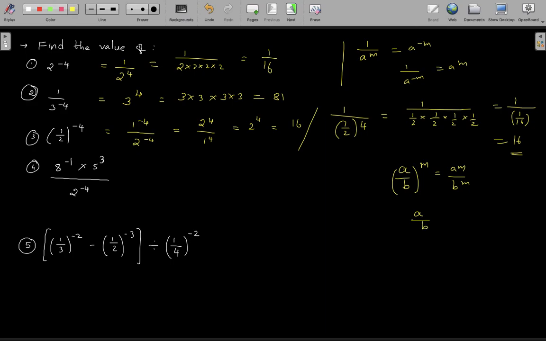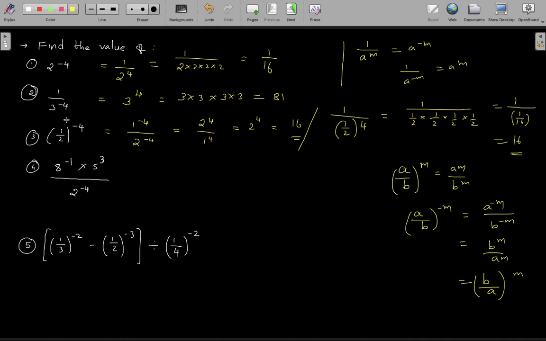So if I have a by b whole raised to the power negative m, it must be same as a power negative m by b power negative m, or this is also same as b power m by a power m, or I can also write this as b by a whole raised to the power positive m. So the reciprocal of a by b is b by a. A by b raised to the power of negative m is same as b by a raised to the power positive m. That is what we have seen here.